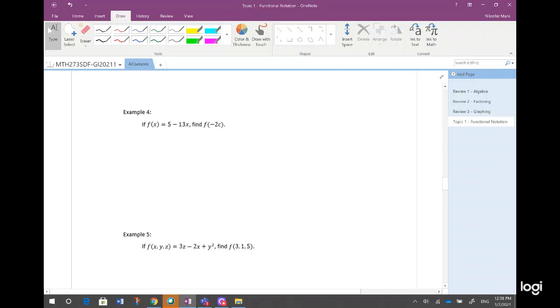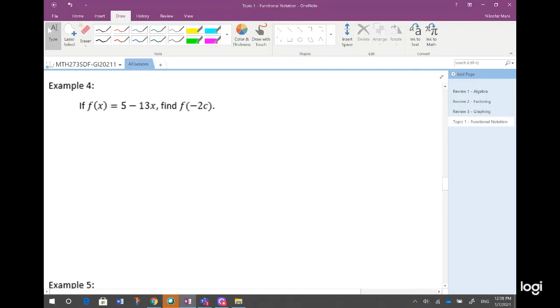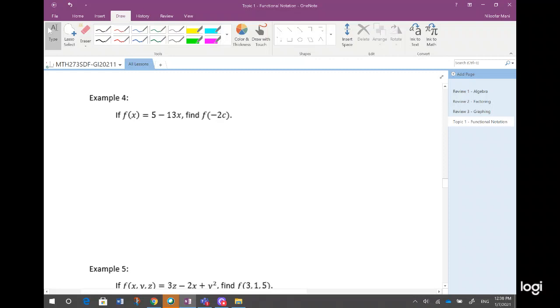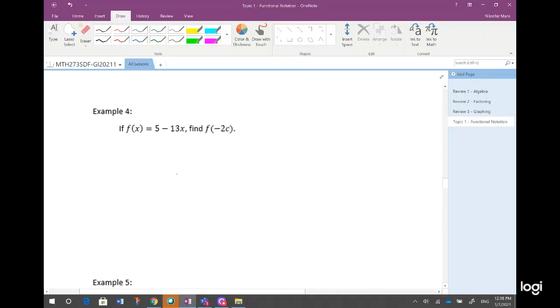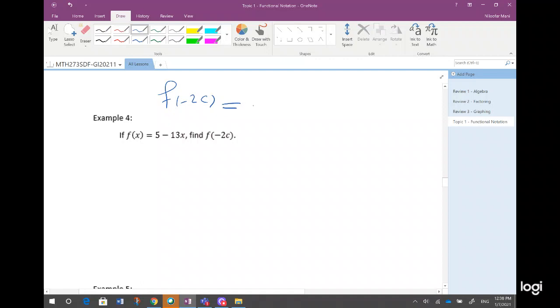That's a very good question. This one I want to emphasize: f of minus 2c doesn't mean minus 2 multiplied by f of c. No, you cannot bring the 2 out. It is not f of minus 2 multiplied by f of c.